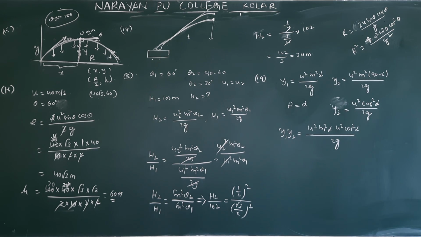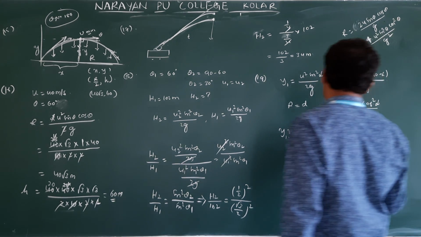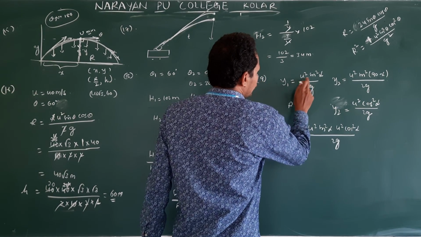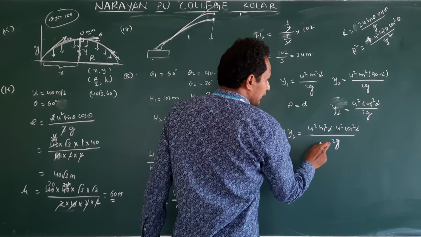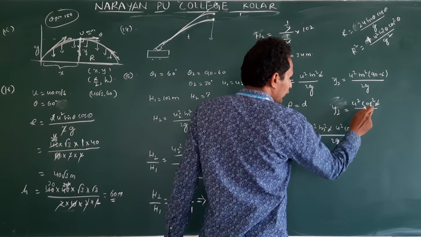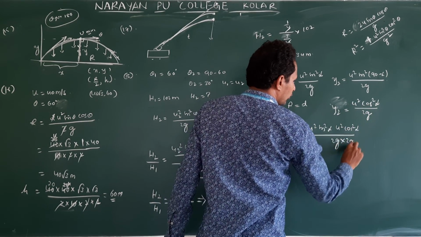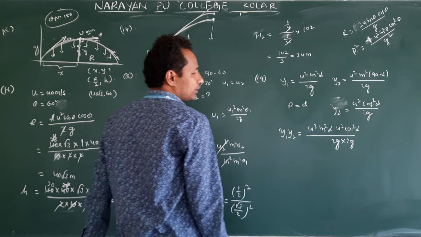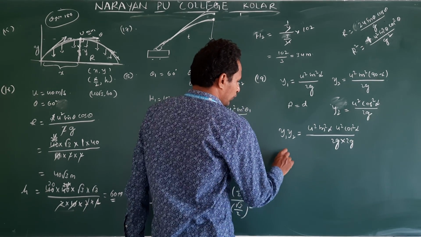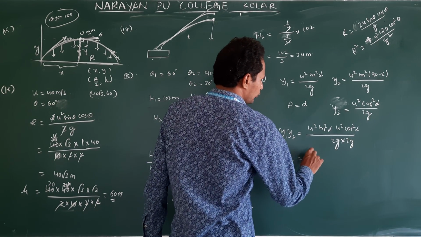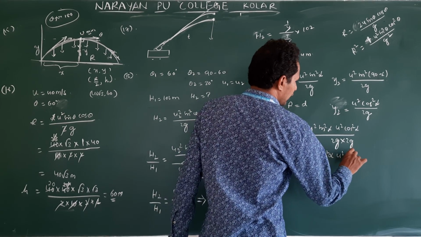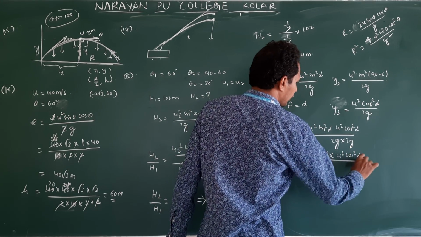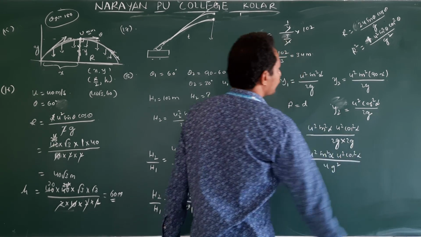Am I correct or not? So here I wrote only one 2g in u square sin square alpha by 2g, and u square cos square alpha by 2g is there, so it is into 2g. Understand? So y1 y2 is equal to u square sin square alpha u square cos square alpha by 4g square.